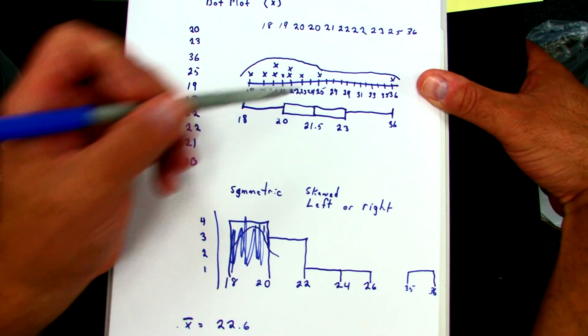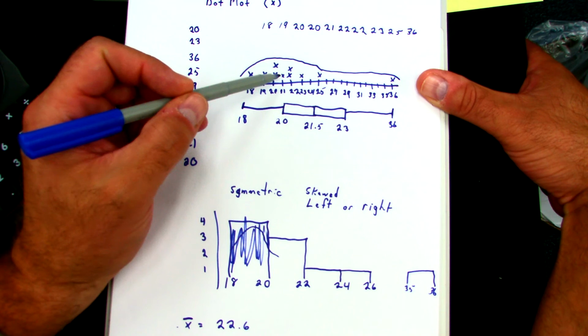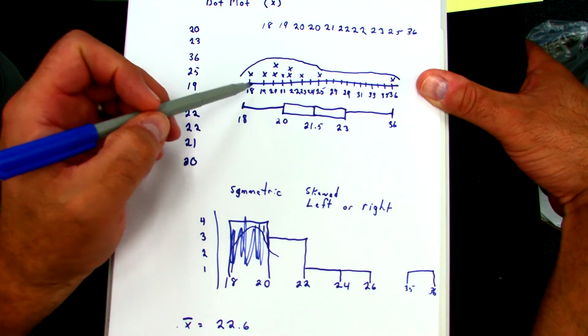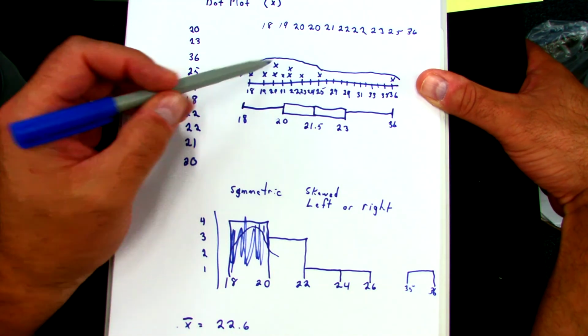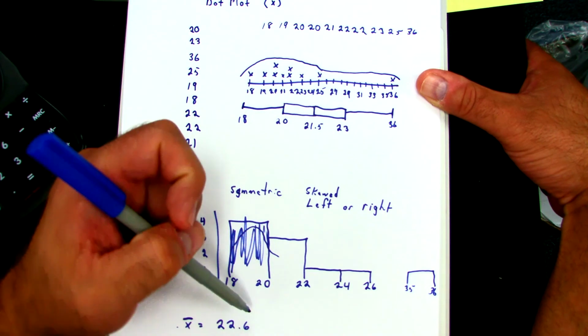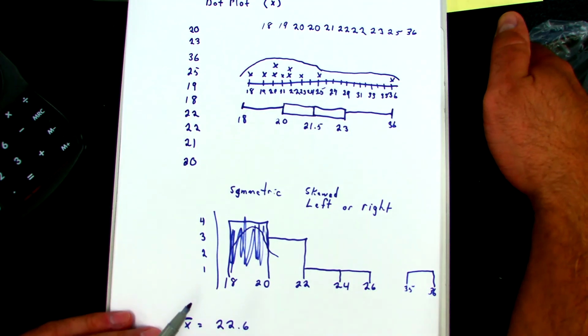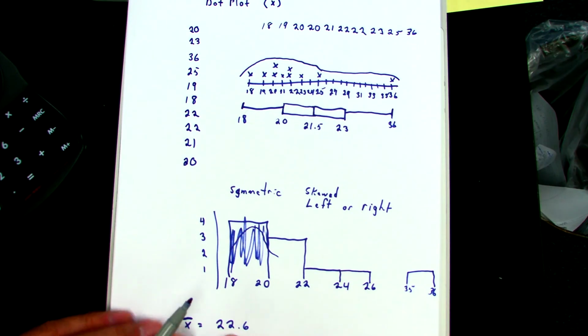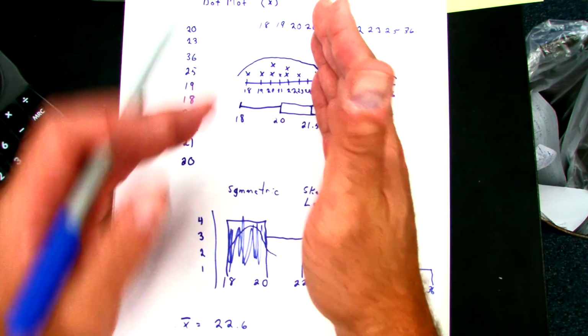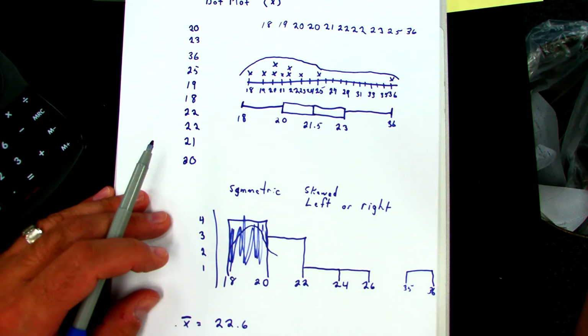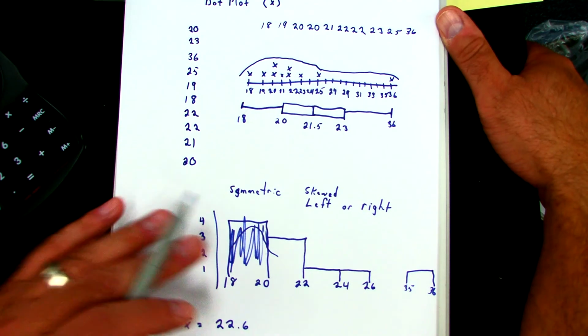And I'm hoping you say 21.5 does. 21.5 is close to where all the data is. Whereas 22.6 is being pulled because it's skewed to the right. So this is actually higher than where most of the information is, simply because the number is so much higher than the rest of them.